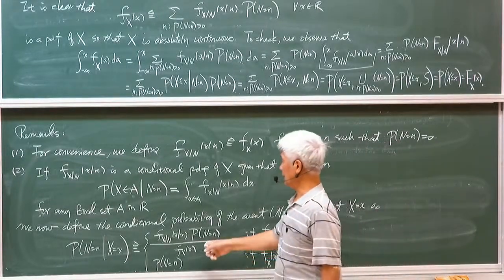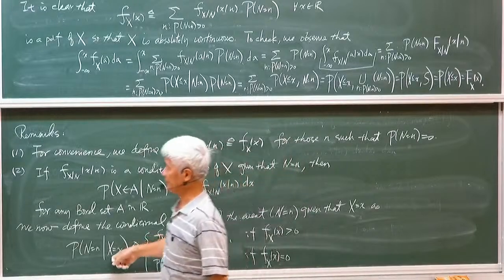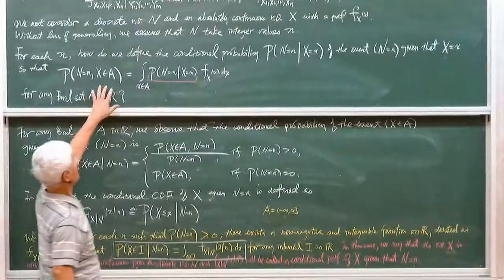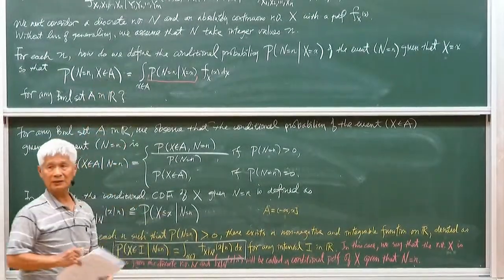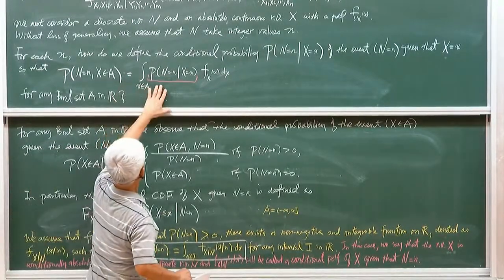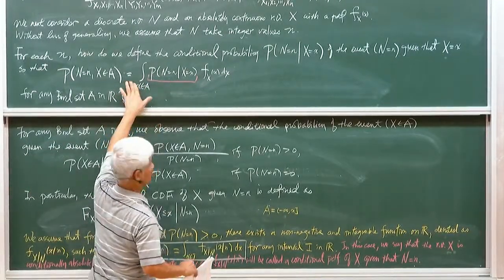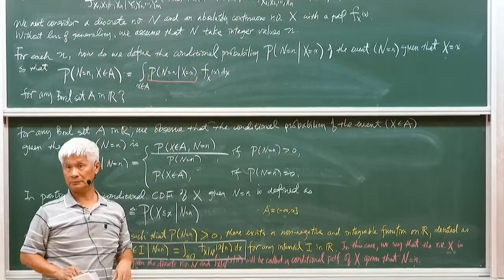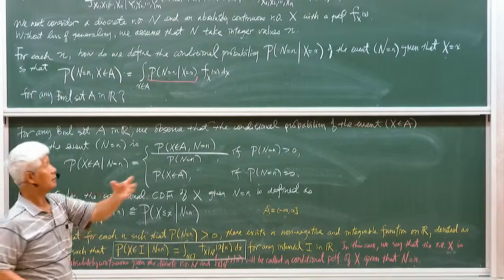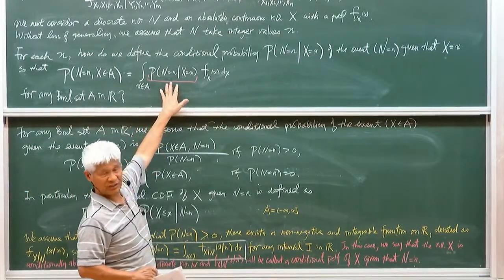Okay. Now with this definition, we will go back to our purpose here. We will check whether this definition gives us the identity here, right? Because originally, we want to find a proper definition of this object.